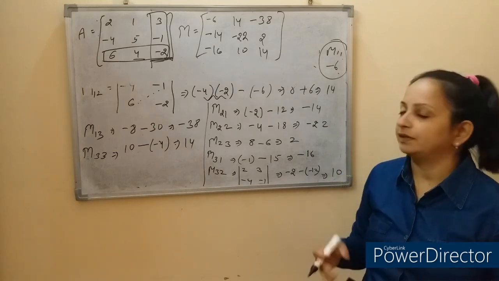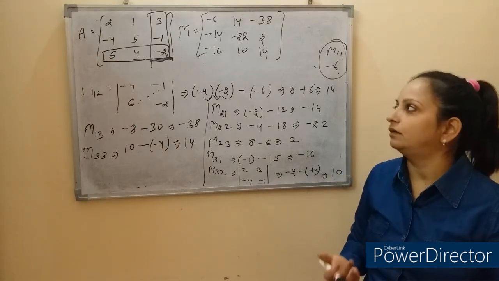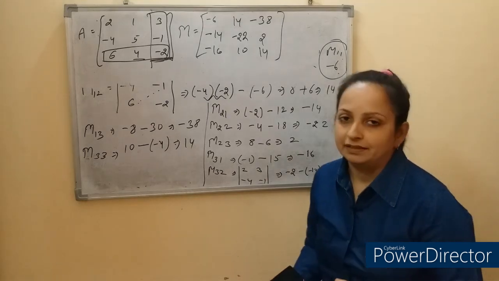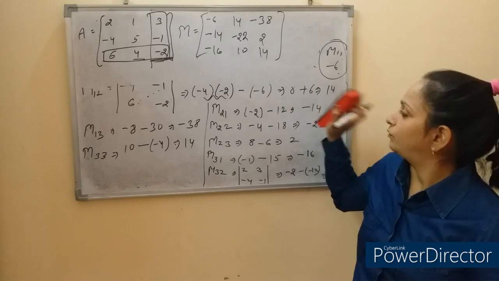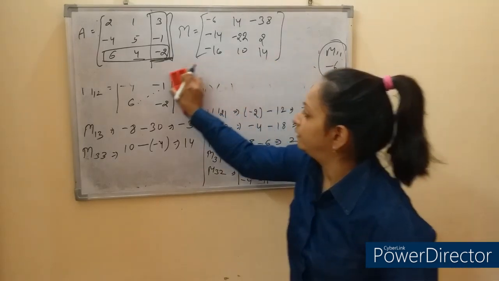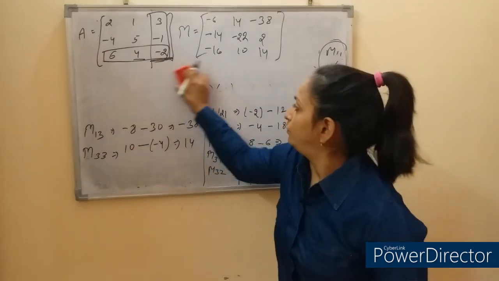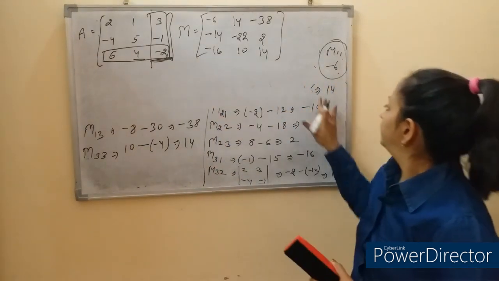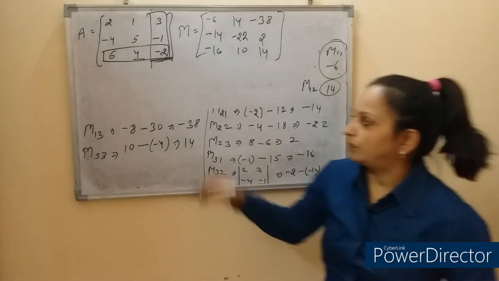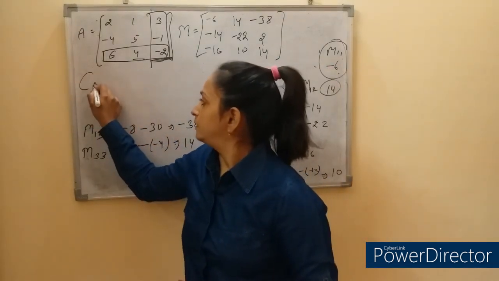So we are moving to the next subtopic, that is how to find a cofactor. Minor and cofactor are quite related. So what is the way to find the cofactor? Let me just remove the calculation part here, and I will tell you how you can find the cofactor. This was my M12. So what is the way to find the cofactor?